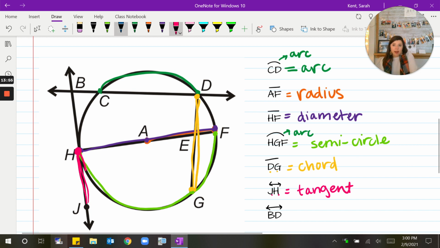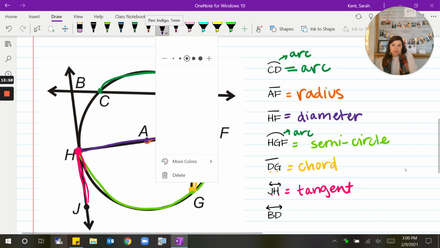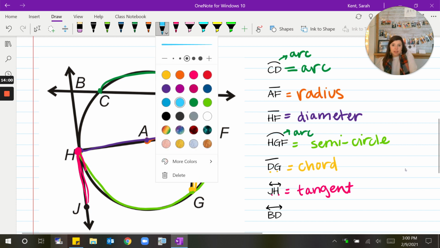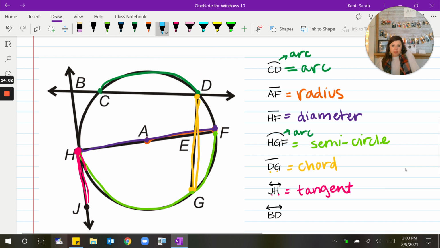And the last one that we have is BD. And it wants the arrow, so it wants this whole part, B to D with the arrows. So since we have those arrows on it too, we're crossing the whole circle. We're not stopping, we're going all the way through. So since this keeps going all the way through, it just crosses over, it's our secant.